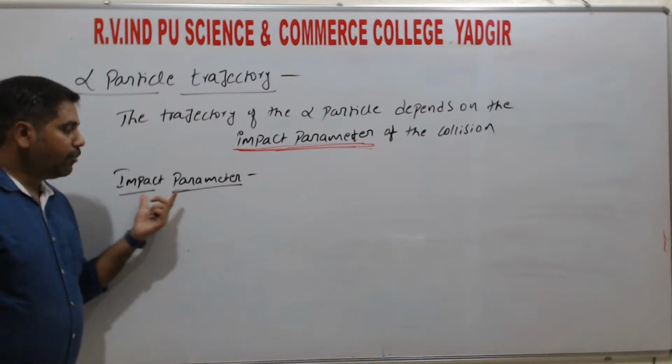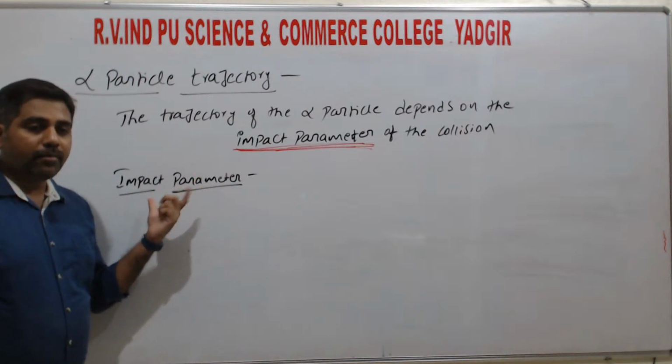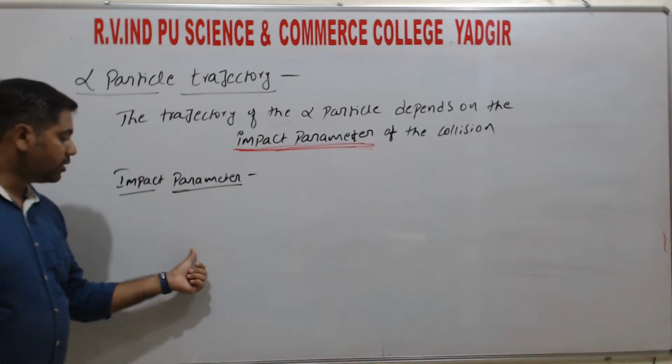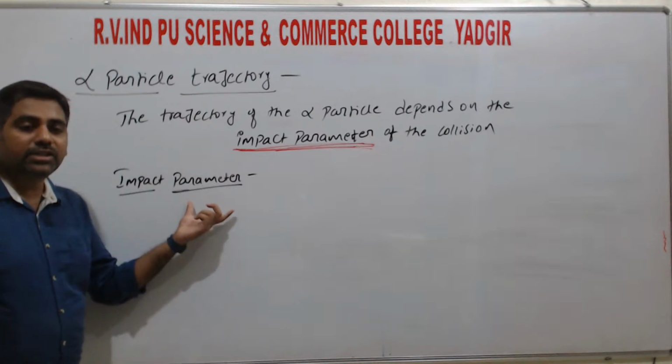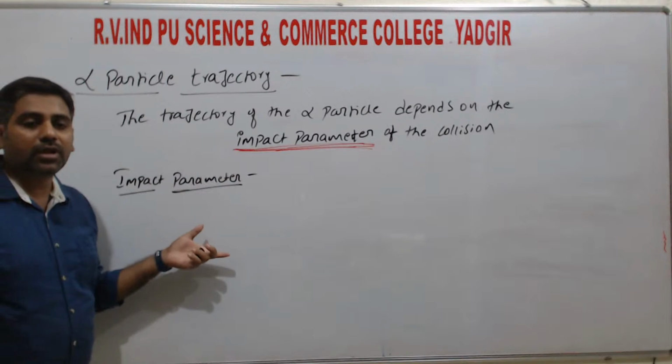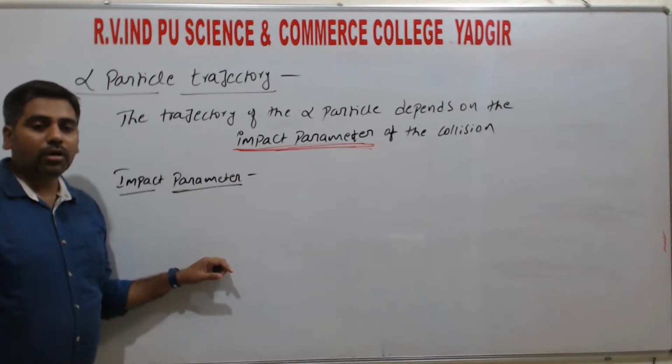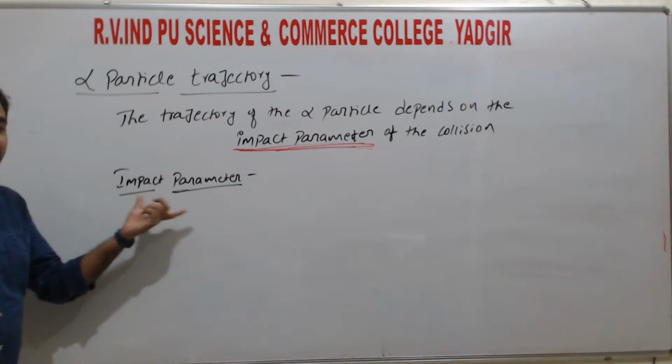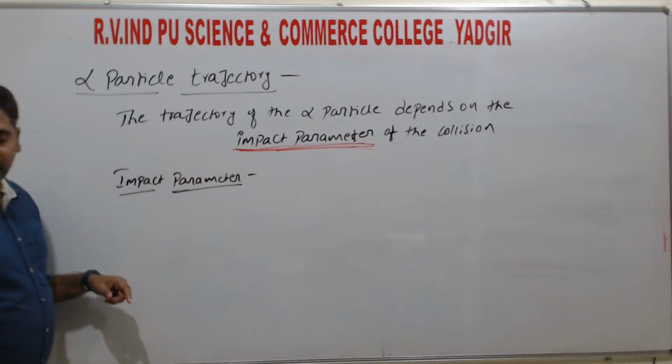So what is impact parameter? Impact parameter is the perpendicular distance of the initial velocity of the alpha particle from the center of the nucleus of the atom. That distance we call the impact parameter, right?